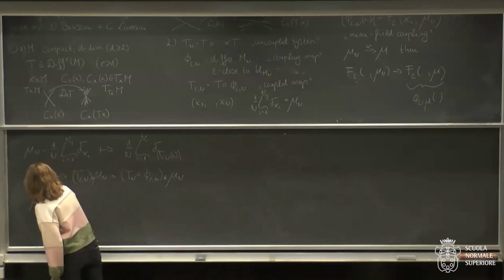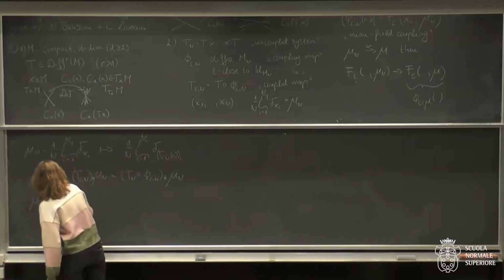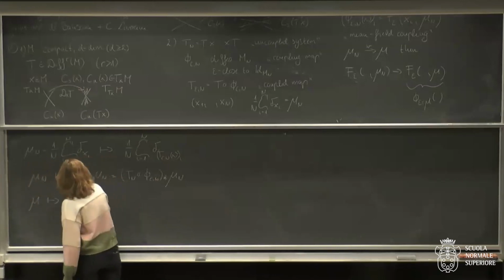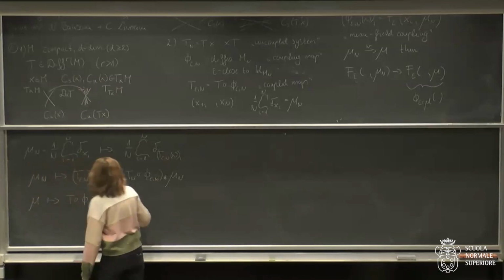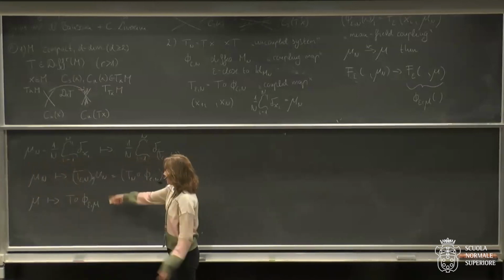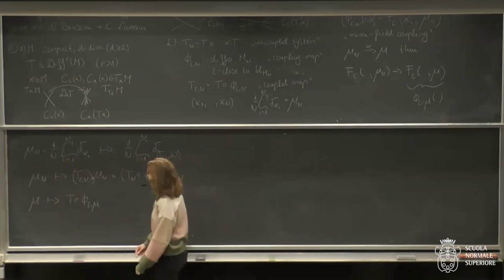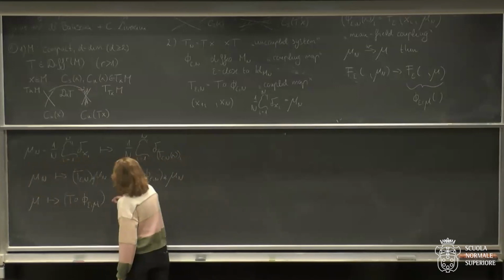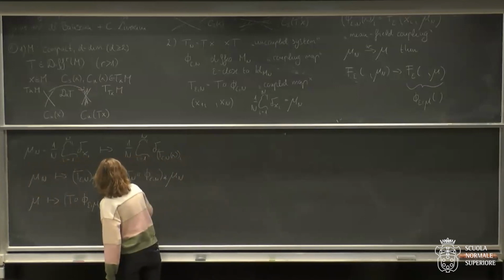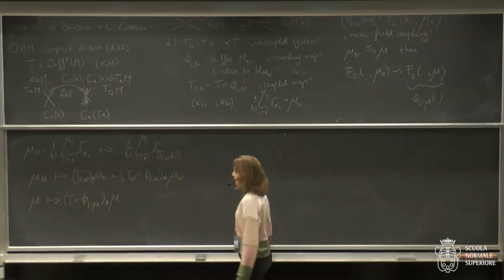So in this limit, we are going to map mu to T composed with phi epsilon of mu, which is the coupling map that's associated to this infinite system, and we push mu forward by this map.